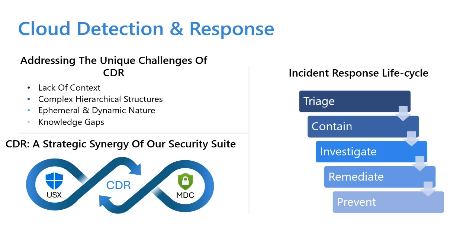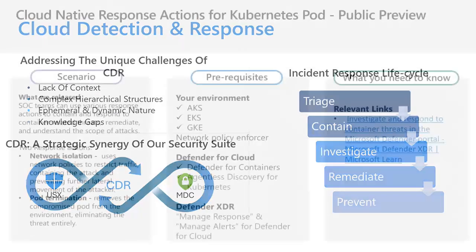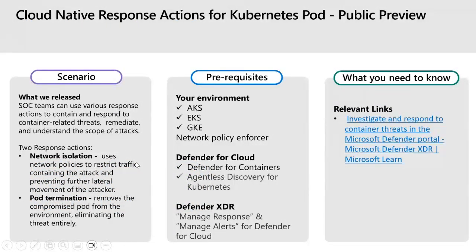Let me walk you through some of the cloud-native response actions that we have added in recent times. As I said, the CDR key feature is to quickly detect and respond to threats and minimize the blast radius. Starting with container workloads, we introduced cloud-native response actions for pods, which is in public preview as of now.